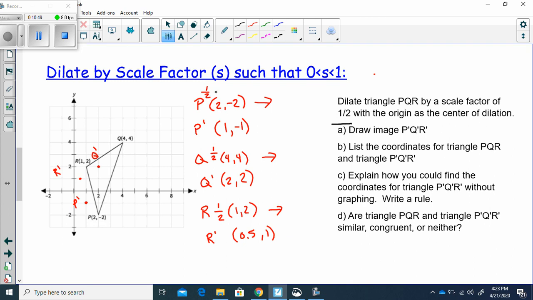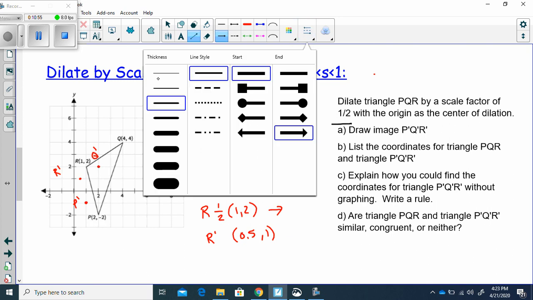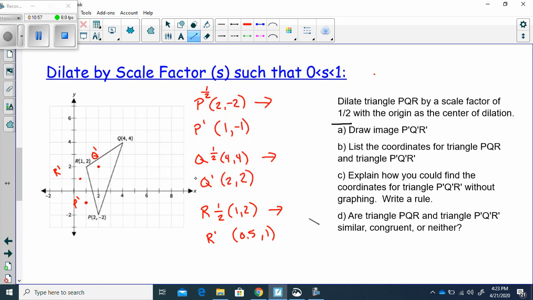All right, now I'm going to draw the lines between them so you can see what the dilated triangle looks like. Our dilated triangle is going to go from there to there, to that point, and to this point.